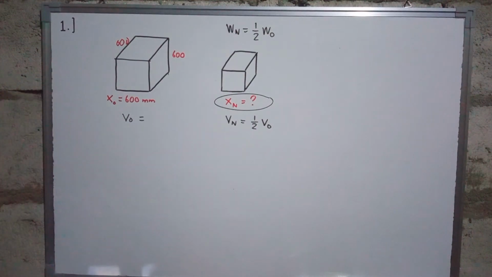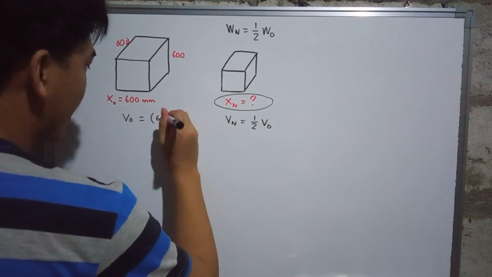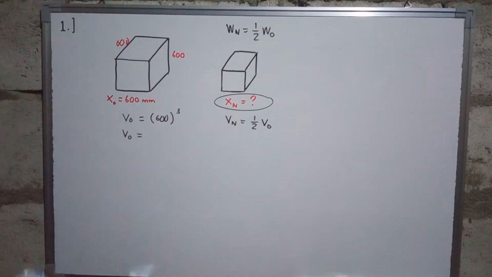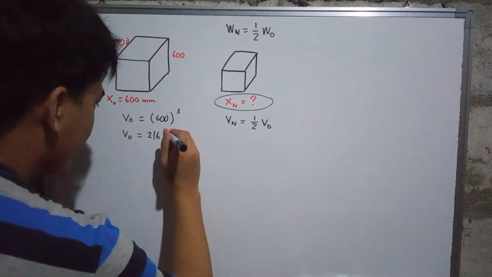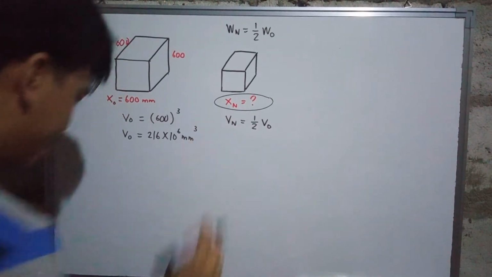Since meron tayong value ng mga edge ng ating original cube, makukuha na natin yung kanyang volume, which is 600 cube. Volume original will now equal to 216 times 10 raised to 6 cubic mm.